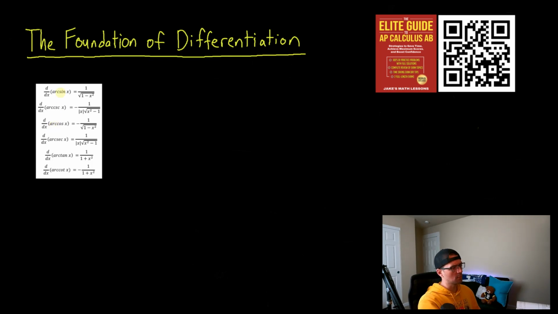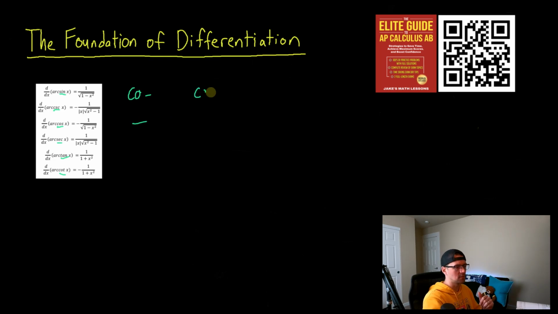But let's think about the function that we're thinking of the inverse of as our way to memorize. So think about sine, cosine, cosecant, secant, tangent, cotangent. Similar to the trig function derivatives, with these, any that start with co, in other words cosecant, cosine, and cotangent, their derivative is going to be negative.